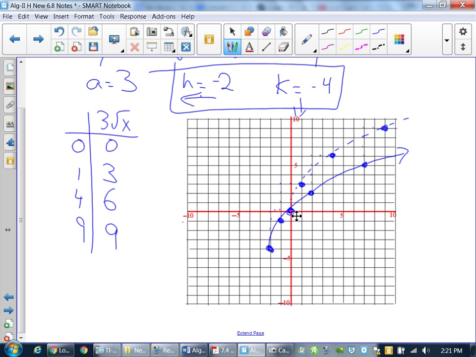So my domain of this graph is all x values that are greater than or equal to -2. My range value, where does my y value start? At -4, is it increasing or decreasing? Increasing. So my range is going to be all y values that are greater than or equal to -4. That's how you find domain and range.